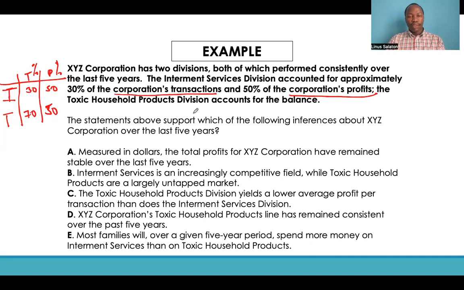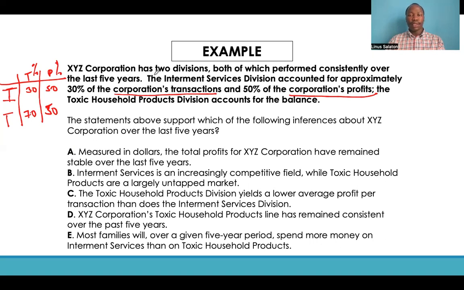So the statements above support which of the following inferences about XYZ Corporation over the last 5 years? A. Measured in dollars, the total profits for XYZ Corporation have remained stable over the last 5 years. Now, the stimulus doesn't necessarily give us information about the corporation's profits over the last 5 years, though it tells us that the 2 divisions performed consistently.